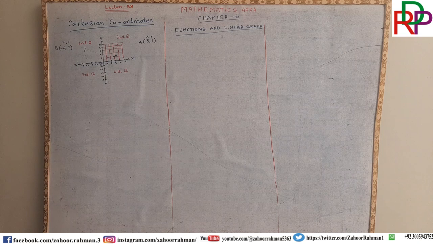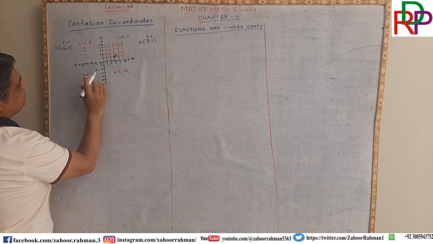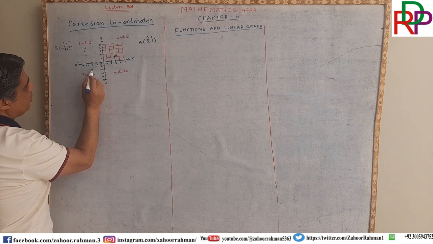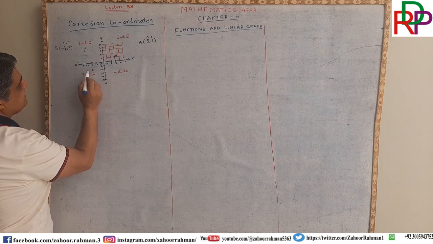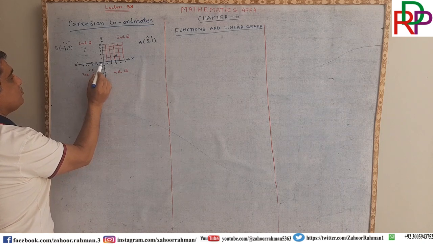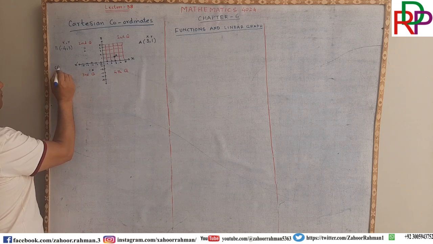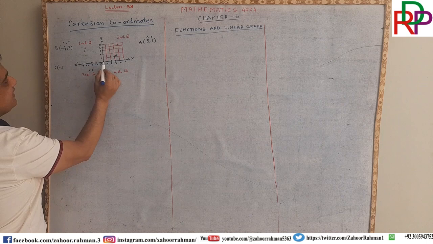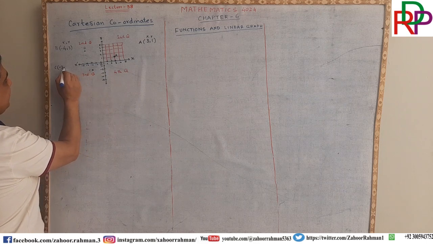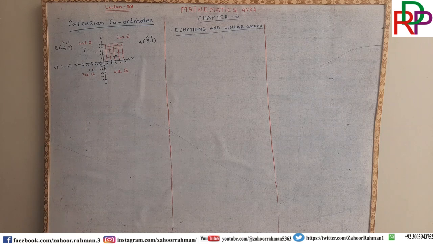Ladies and gentlemen, I am explaining this because I am coming towards a very important point. If I want to specify this point, that is the C point, then first I have to go 1 2 3, so you have to write minus 3, and then 1 2. So again you are coming down, so it will be minus 2.